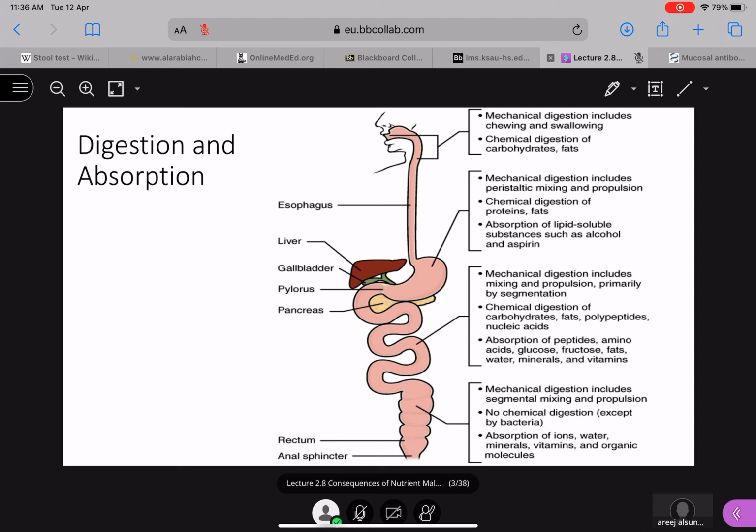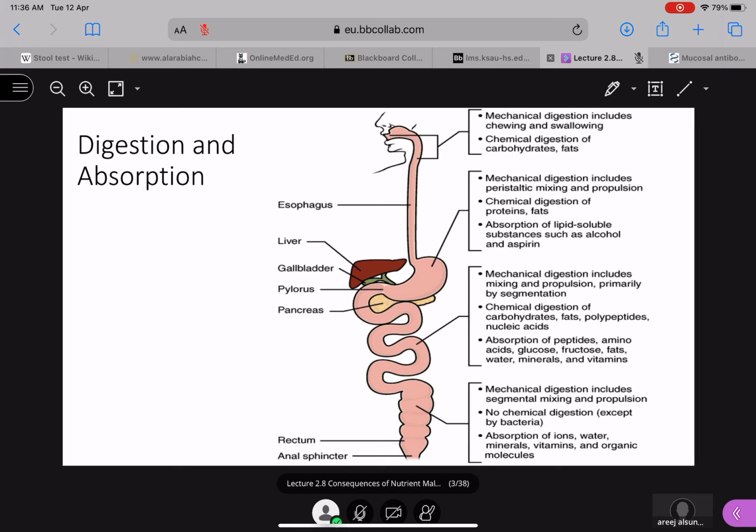The upper part of the body is mainly designed for mechanical and chemical digestion, and what we mean by chemical digestion is digestion by enzymes. The bulk of the digestion and absorption is in the small intestine, while the bulk of reabsorption of water and formation of the stool is in the colon.